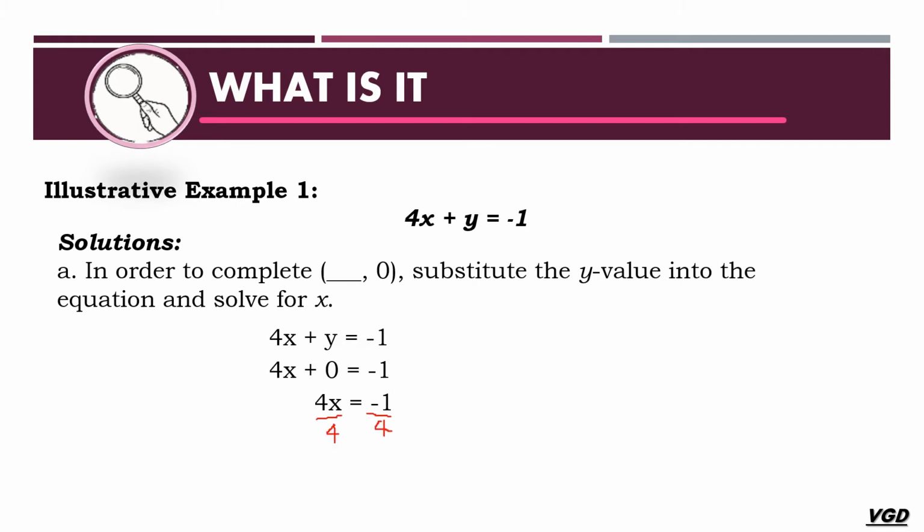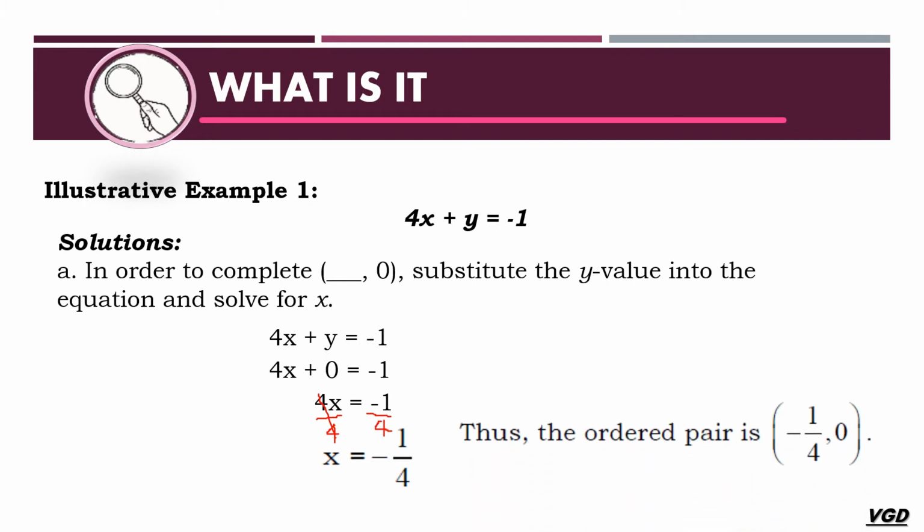So we have here 4x divided by 4 is equal to negative 1 over 4. So cancel 4. So we will be able to get x is equal to negative 1/4. Therefore, the coordinates or the ordered pair is negative 1/4, 0.